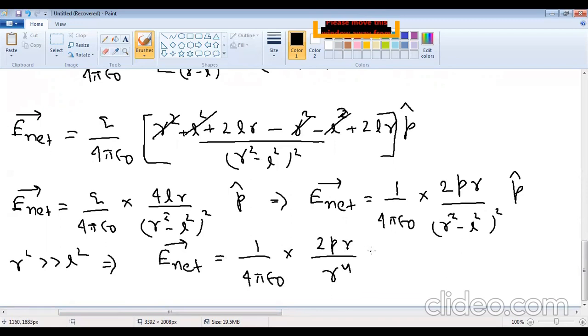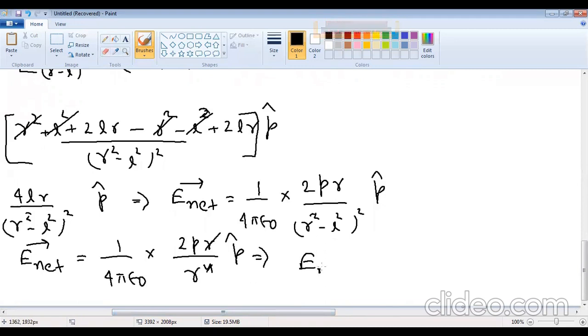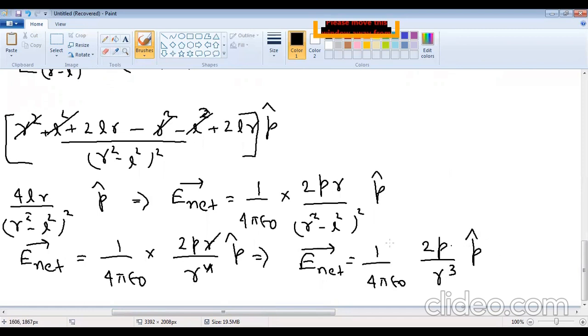So we get this. So the power can be further readjusted, and then we finally get the net effective field at point P because of this dipole on its own axial line. So this is the electric field because of the dipole at its own axial position.